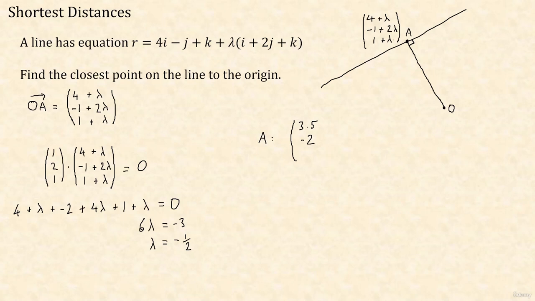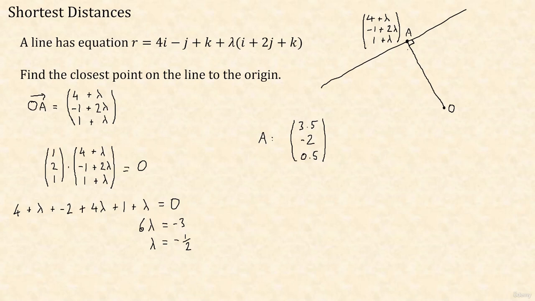And then 1 plus negative a half is just a half, so 0.5. And so there is the closest point on the line to the origin. So to summarise, we just gave this point an arbitrary coordinate given its constraint that it's on the line, and then used the dot product setting the direction of the straight line with the direction of OA equal to 0.